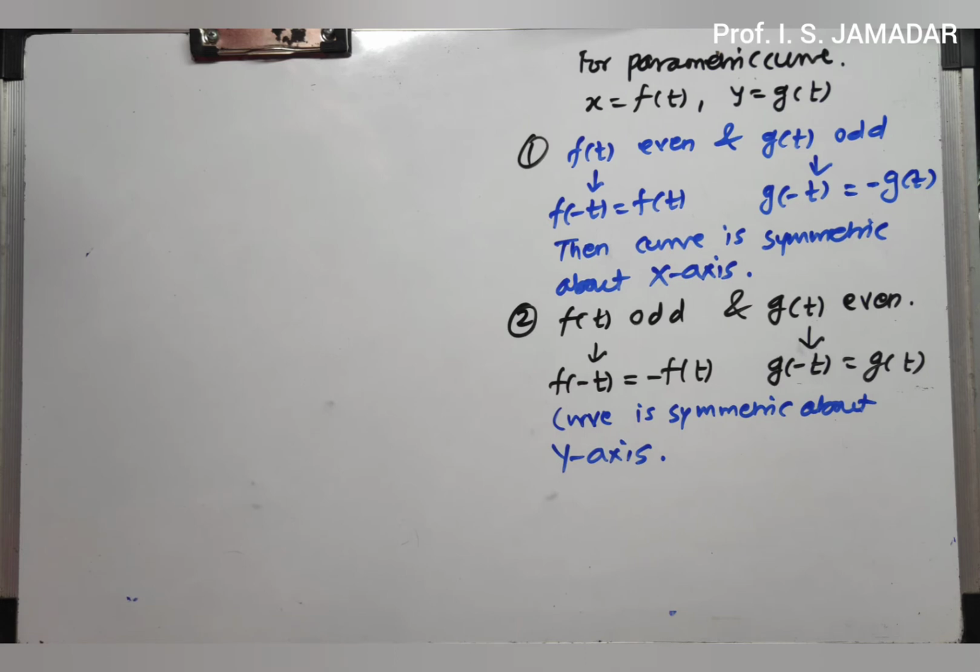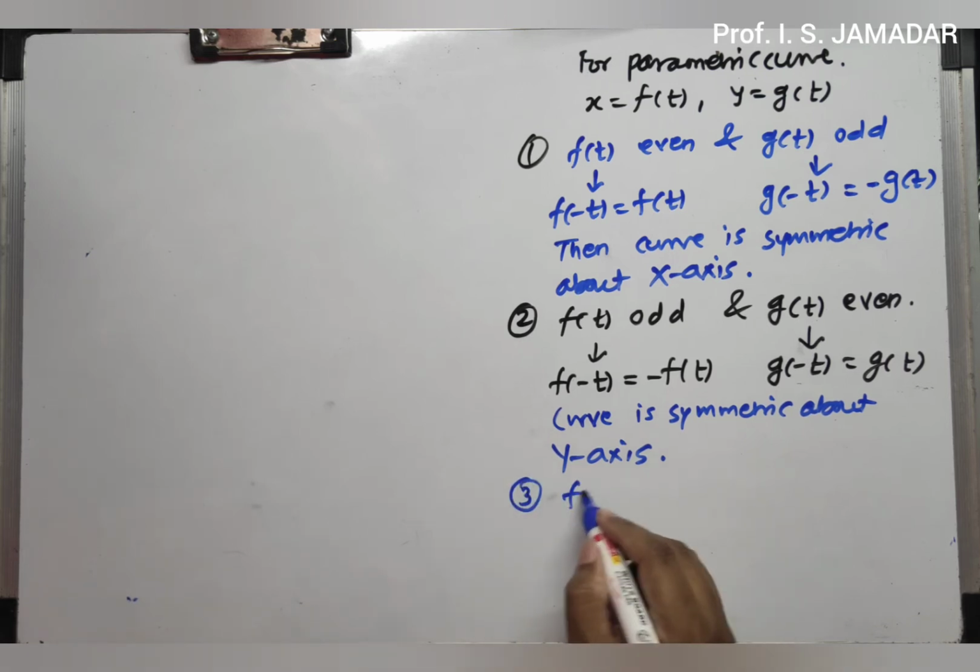Then similarly, if we replace t by minus t and f is changing in sign and g is also changing in sign, both f and g are changing, then the curve is symmetric about the origin, or in opposite quadrants we can say.